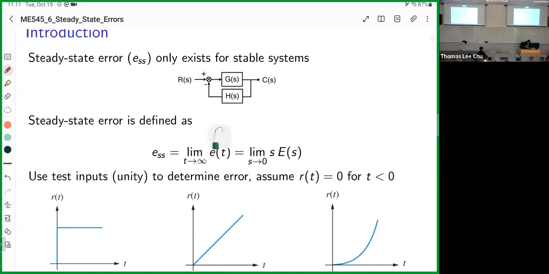Here, steady state error is defined based off of this junction, where my error in the frequency domain is equal to my desired input minus the output signal multiplied by the sensor.